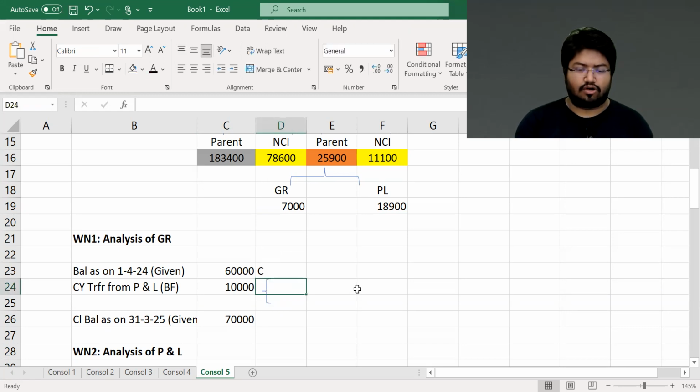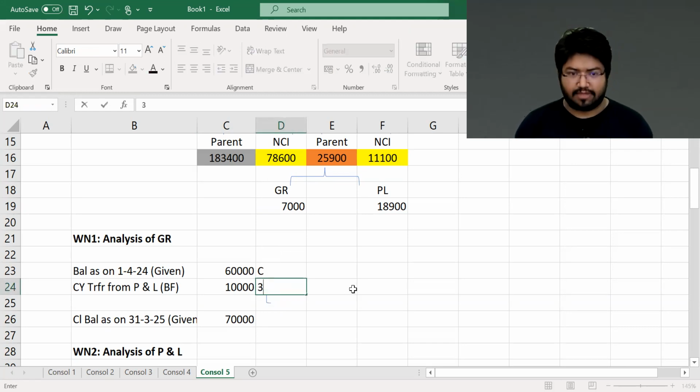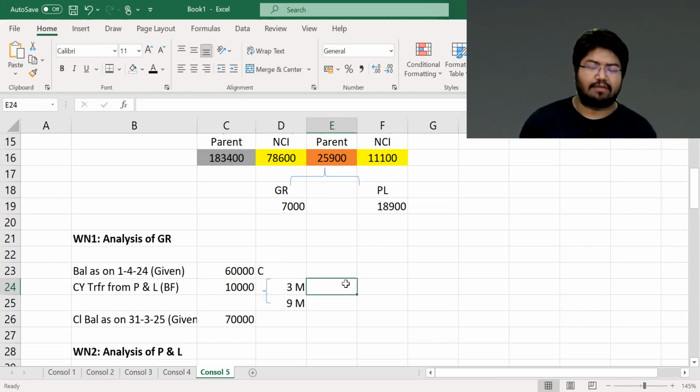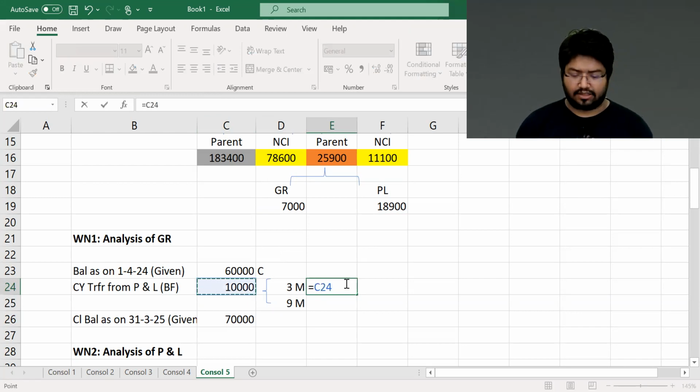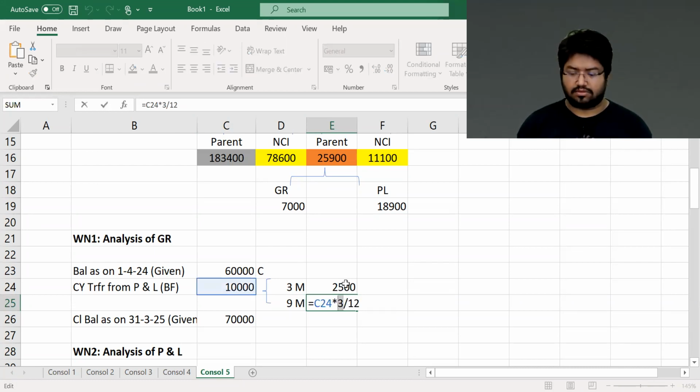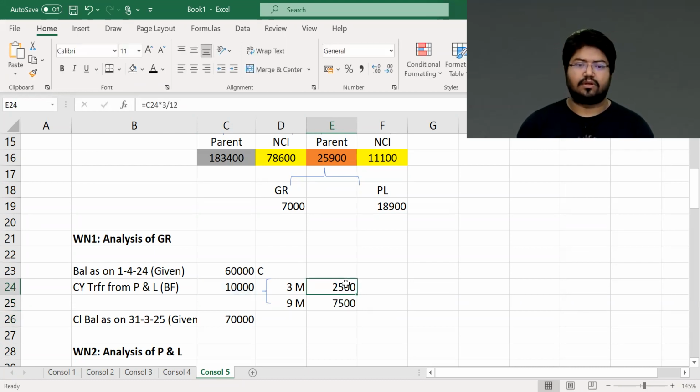So how do I take it? It is for 3 months and 9 months. It's going to be 10,000 into 3 divided by 12, and the same 10,000 into 9 divided by 12.